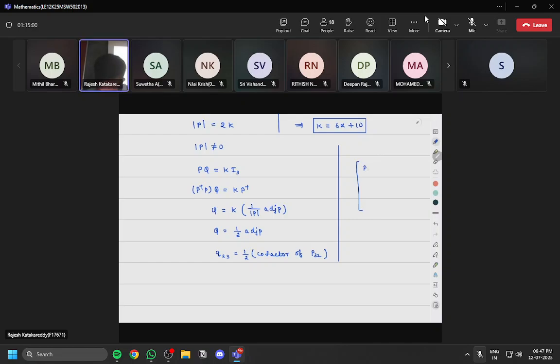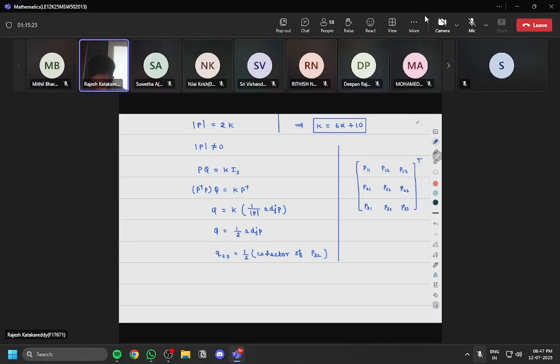I can say P11, P12, P13, P21, P22, P23, P31, P32, and P33. In order to get the adjoint, I should do a transpose. Once I do the transpose, what happens here?